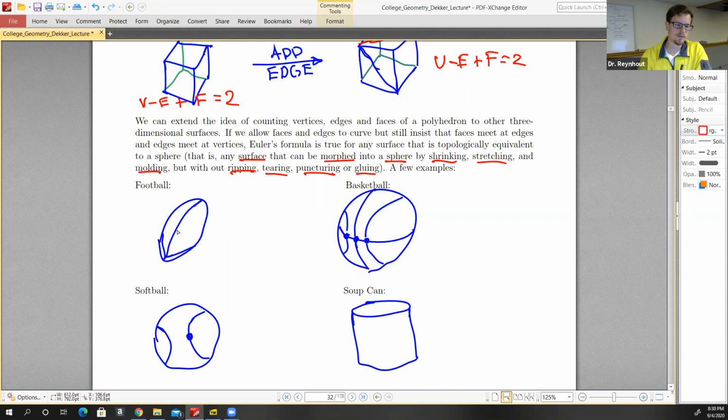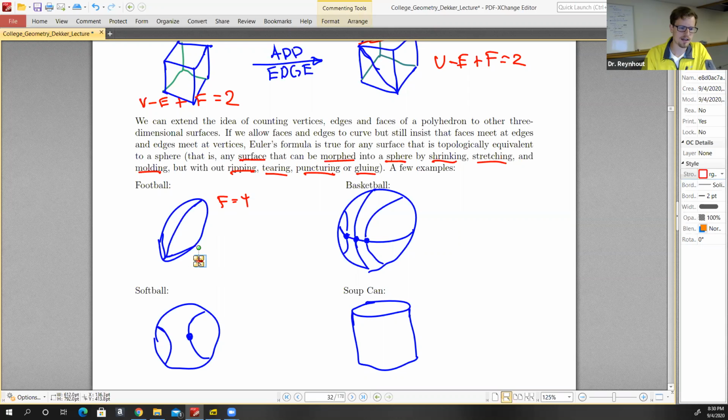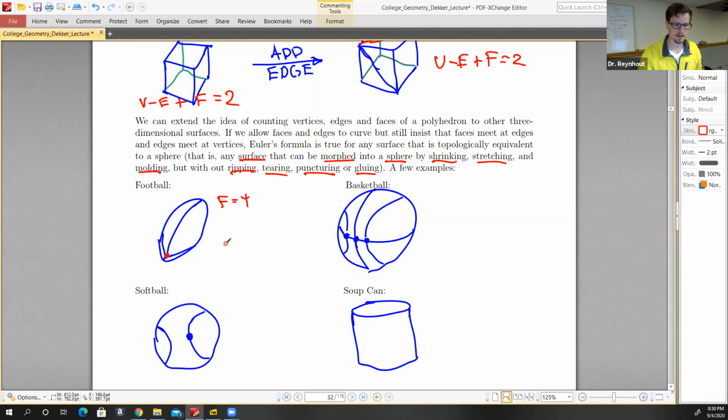So if we take a football, I believe that there are 4 pieces that are sewn together. Those 4 pieces give us our 4 faces. So faces is equal to 4. And then if we say that we have a vertex here and a vertex kind of hidden back there, that would give us 2 vertices.